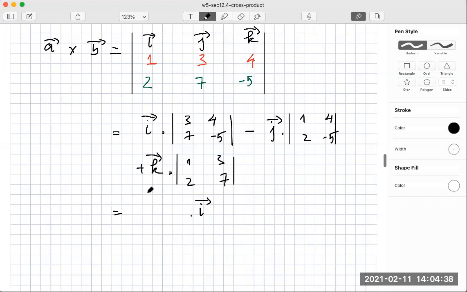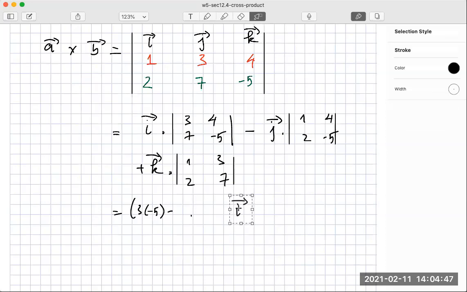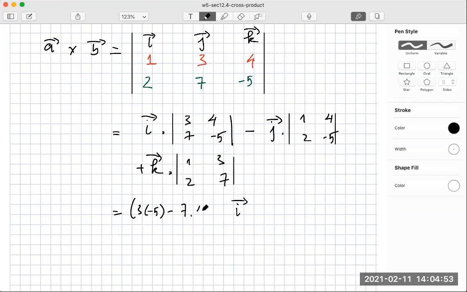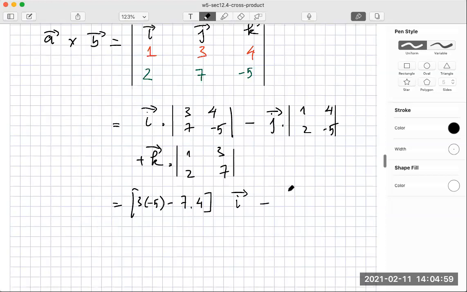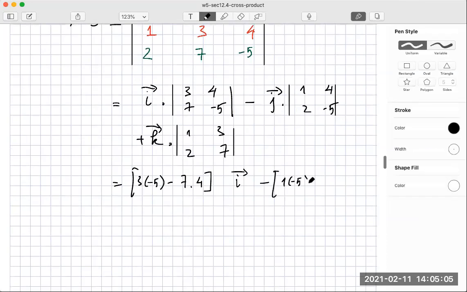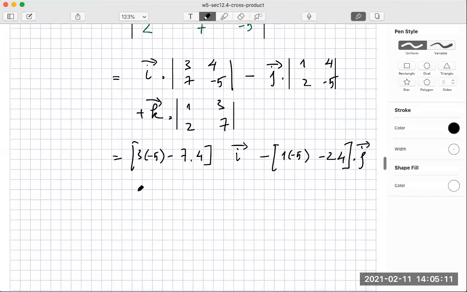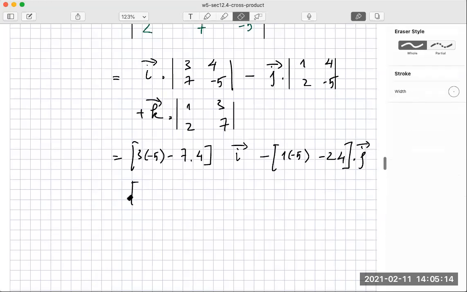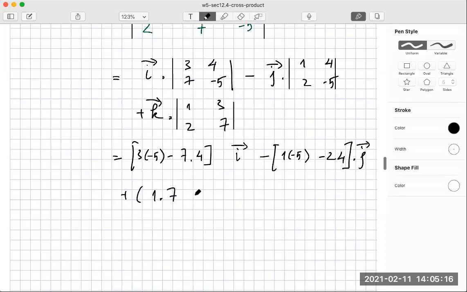The number here will be 3 times negative 5, right? Subtract what? Yes, 7 times 4. Subtract, what is it here? Very good. And the last one? Very good. Thank you.